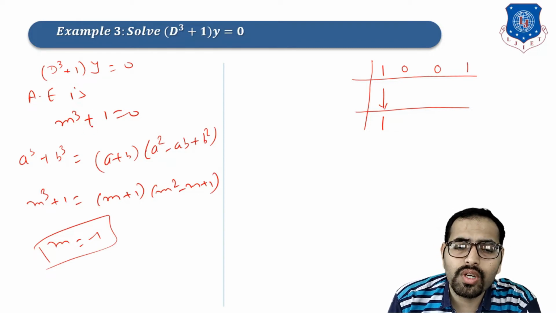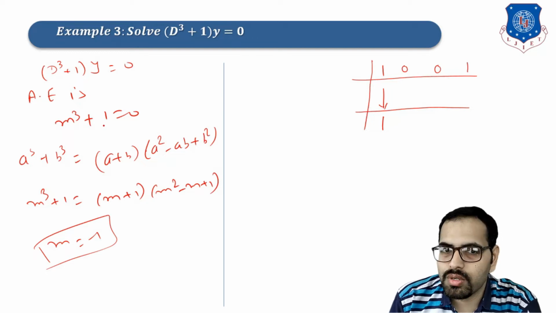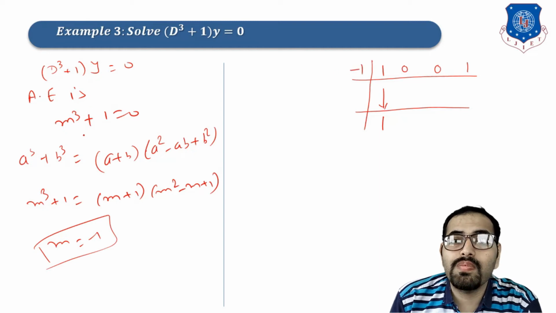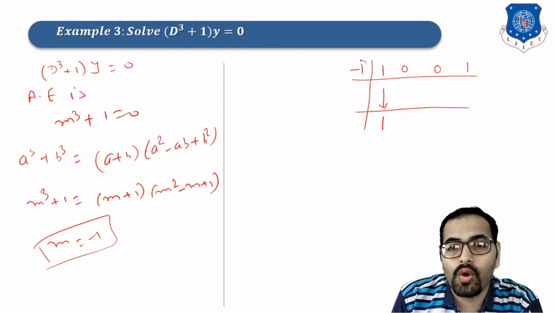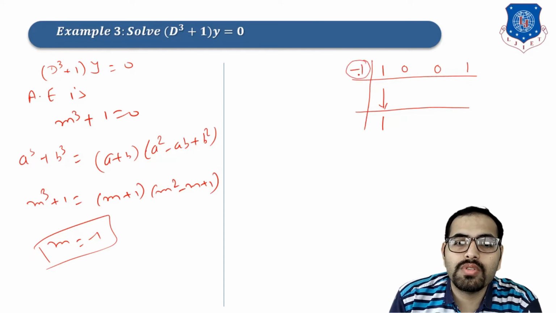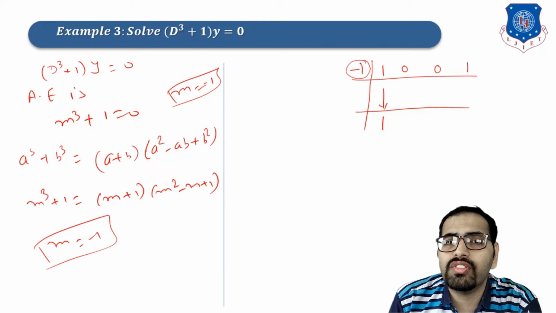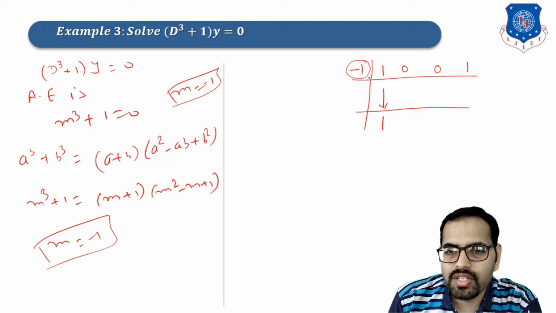Whenever we substitute 1, it becomes 2, which is not equal to 0. Now we substitute minus 1, then it becomes 0. That is one of the factors of the auxiliary equation. So minus 1 is one of the factors. Then the first value is kept as it is.